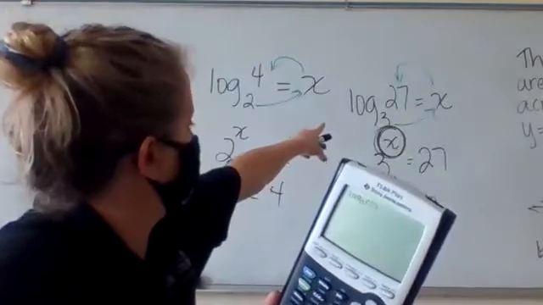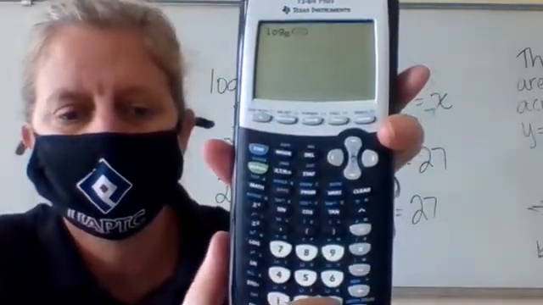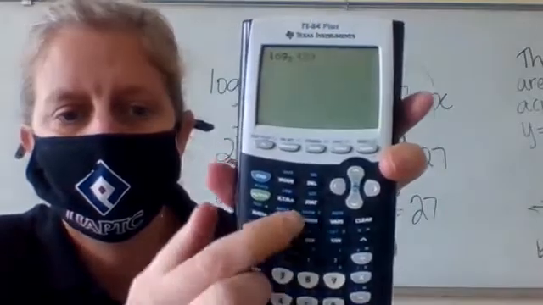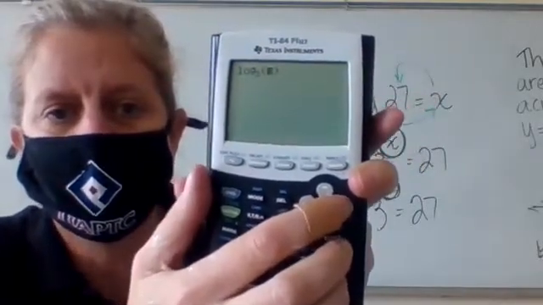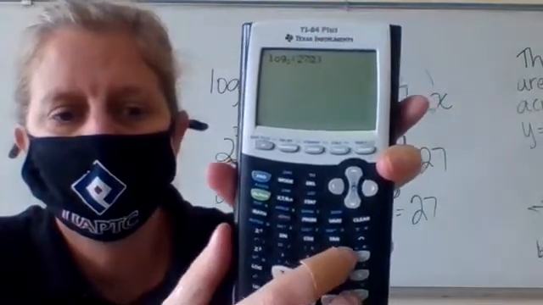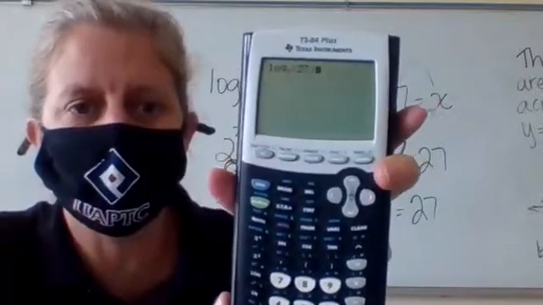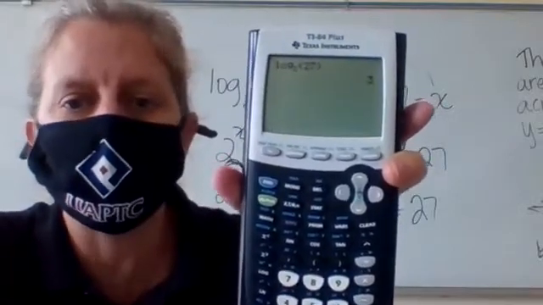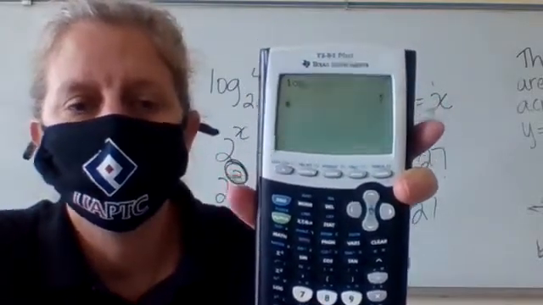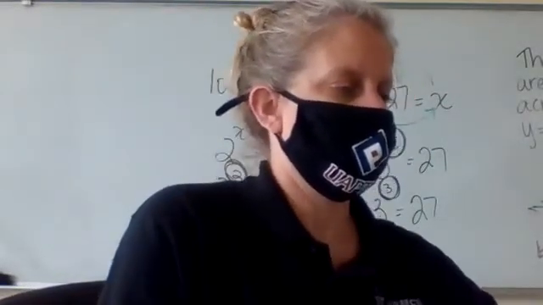What do I need to type in the little base on that one? A 3. Hit your right arrow to get out. And then your 27. So log base 3 of 27 equals what? 3. So the log base function in your math menu will do that for you.